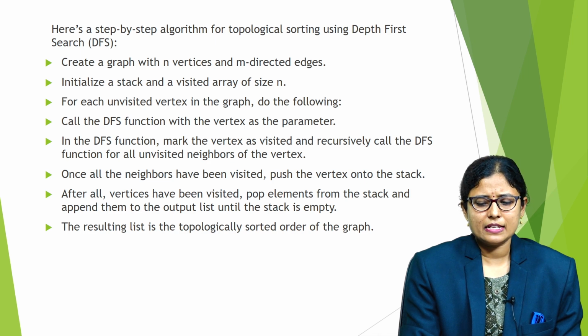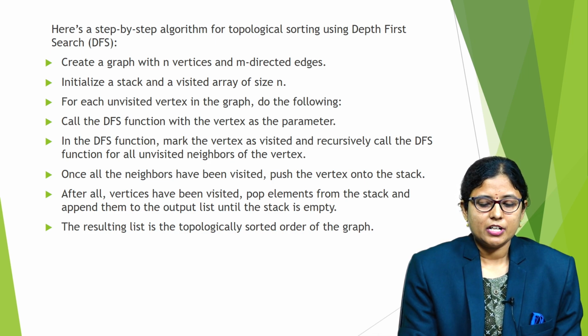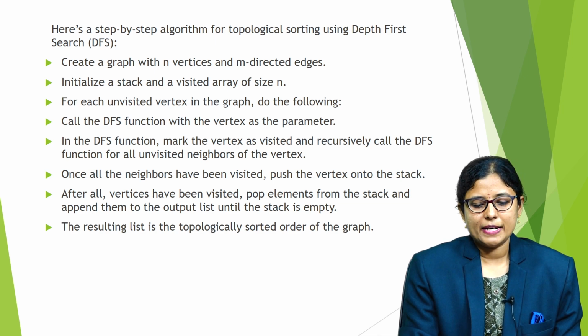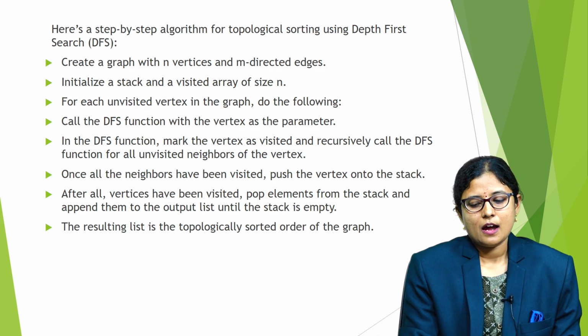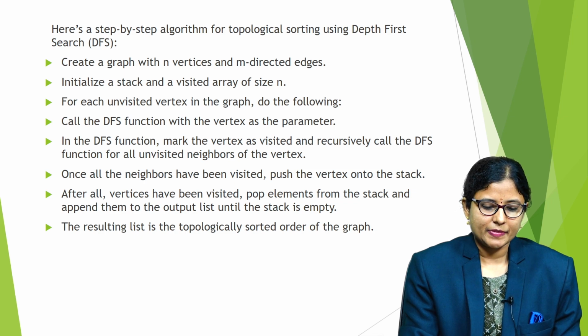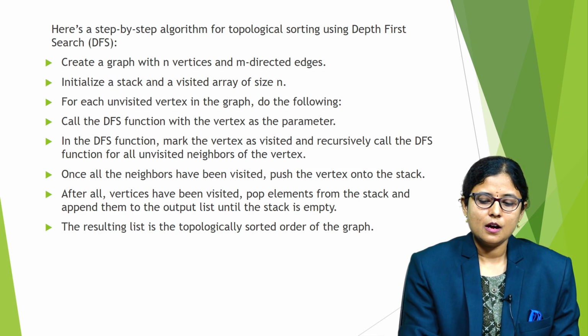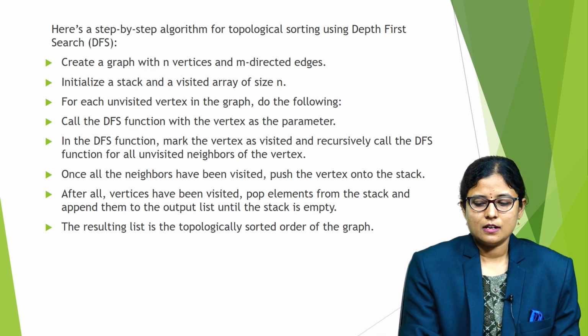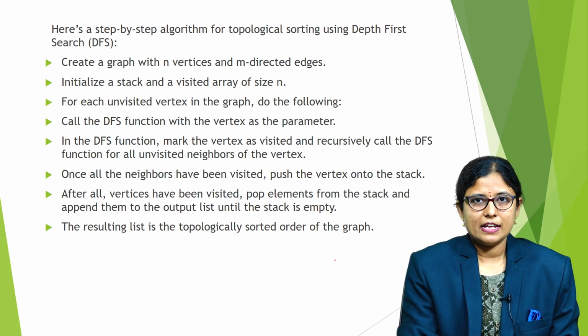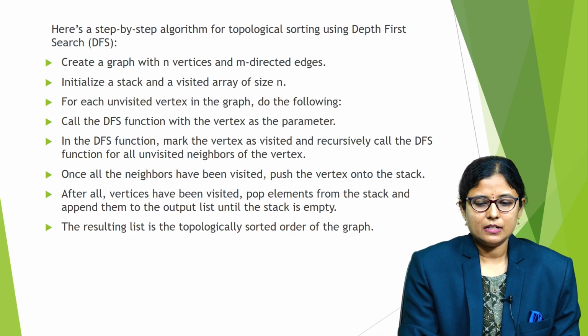Once all the neighbors have been visited, push the vertex into the stack. After all vertices have been visited, pop elements from the stack and append them to the output list until the stack is empty. The resulting list is the topological sorting order of the graph. I will explain it with an example.